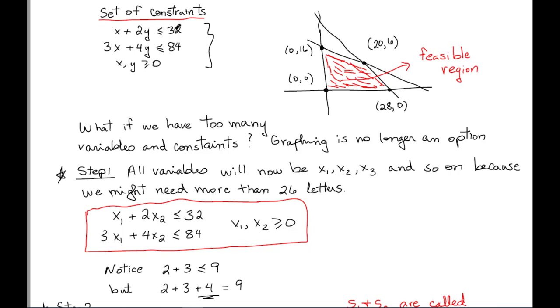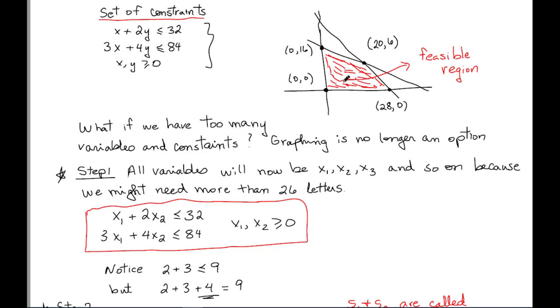We then graphed each one of these lines and then shaded the part that was feasible. By doing all of that, back in section 5.3, we got a feasible region and we got some corner points.